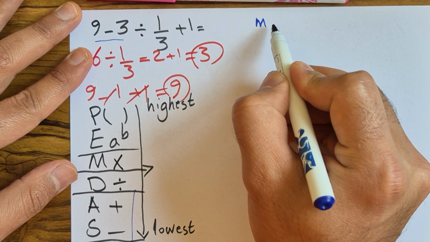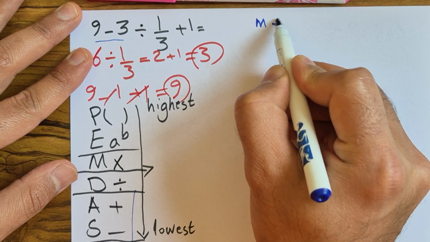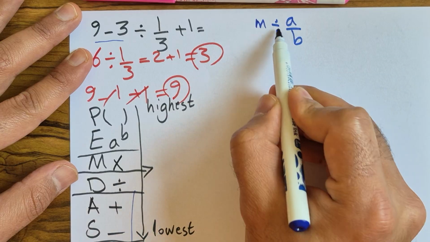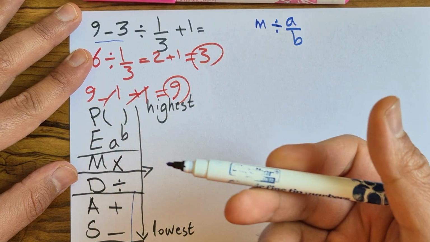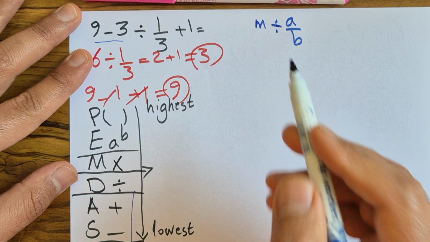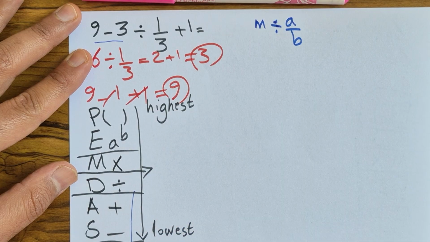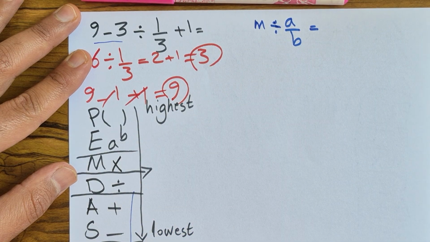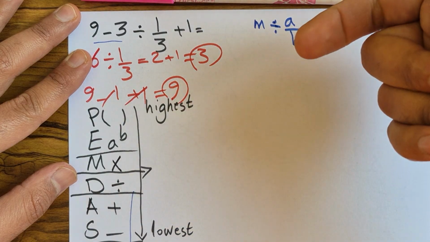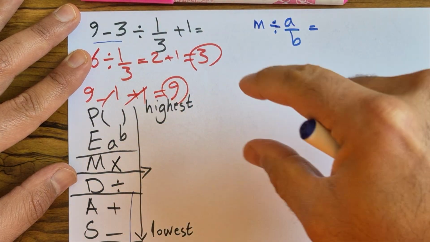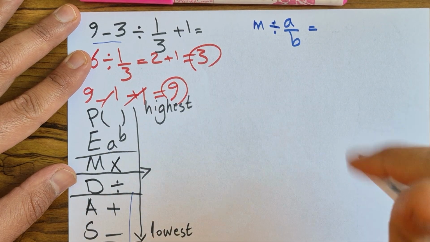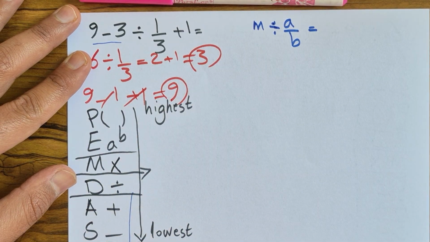So maybe there is a very simple rule for that. Whenever you have a number m and you want to divide it by a fraction, let's say a over b, you can easily take the reciprocal of the fraction and change the sign to multiplication. What is the reciprocal of a fraction? You simply flip the top part, the numerator, and the bottom part, the denominator.